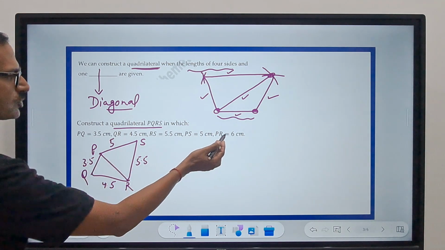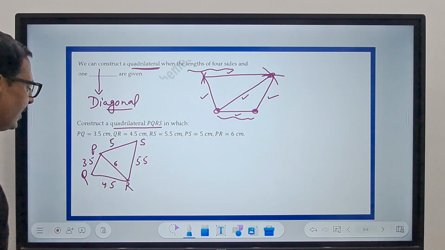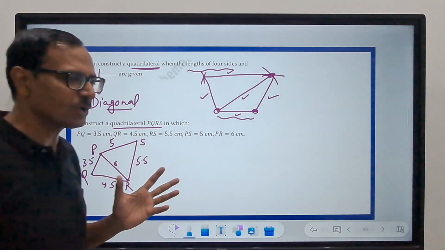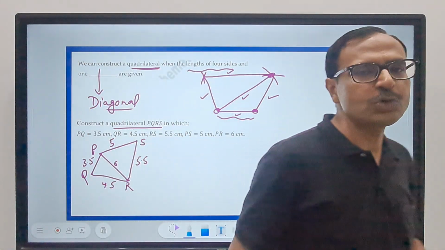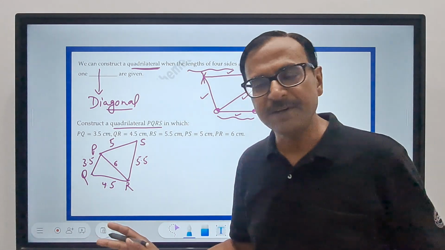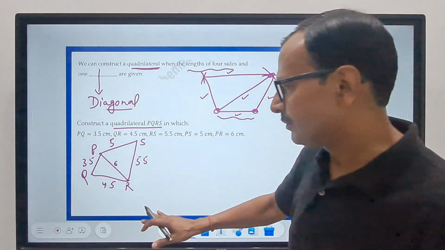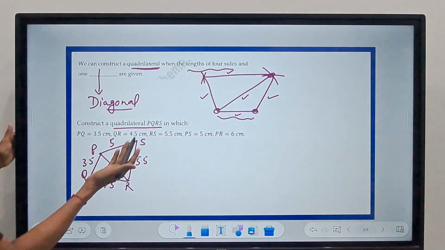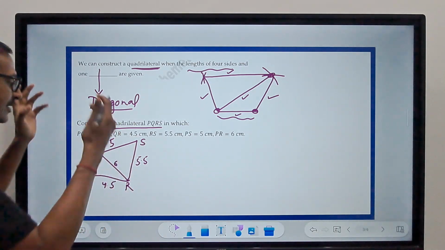See, I told you a diagonal has to be given. So this is 6. Now you can start from anywhere because four sides and the diagonal are known. So I can start from any side. Okay. So I'll start with PR. PR is a diagonal, so if you start with PR, it is the easiest thing.